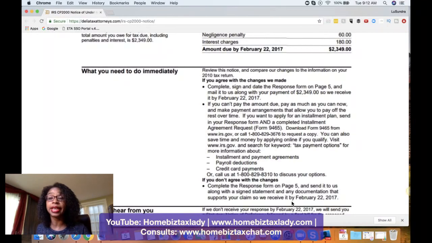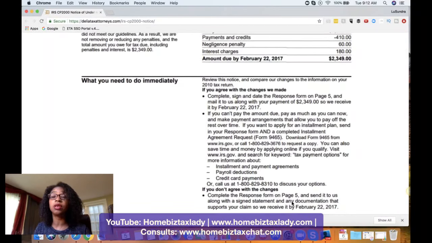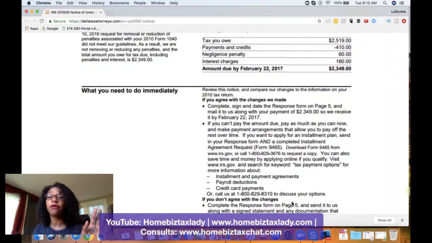That is the 90-day letter, the statutory notice of deficiency. Really it's the process of, the CP2000 is, hey, we got a difference here. Just letting you know, you can go ahead and, if you agree, send us some money. If you don't, then send us your proposed changes. Okay.